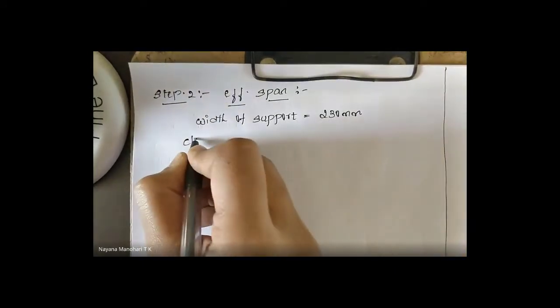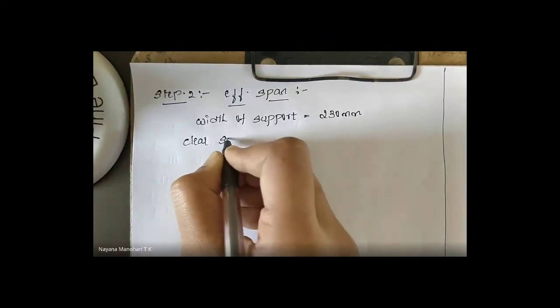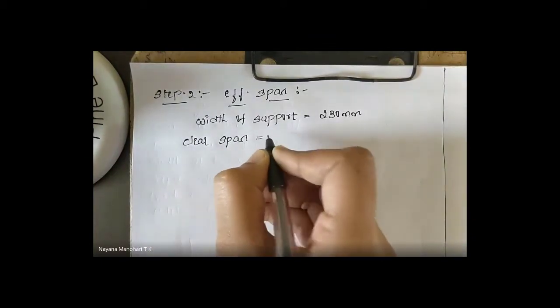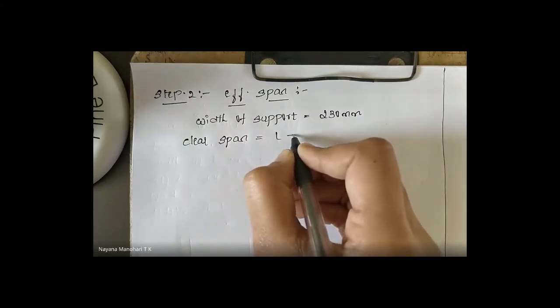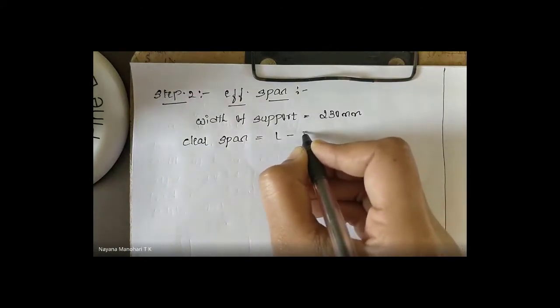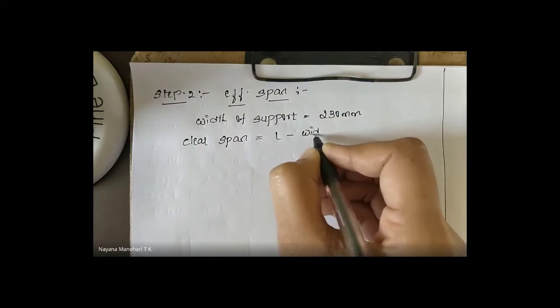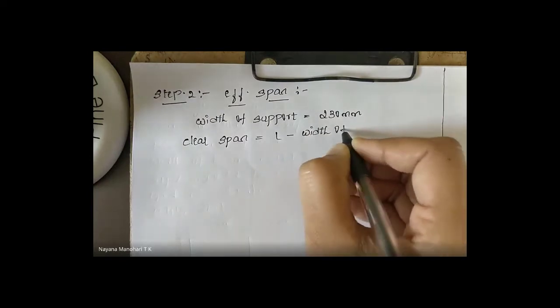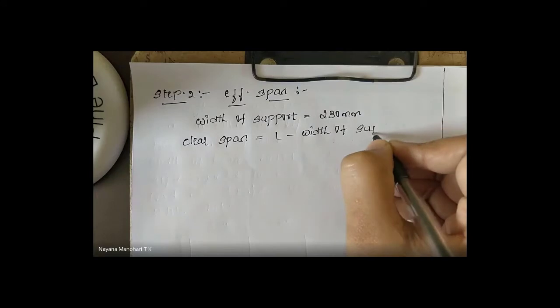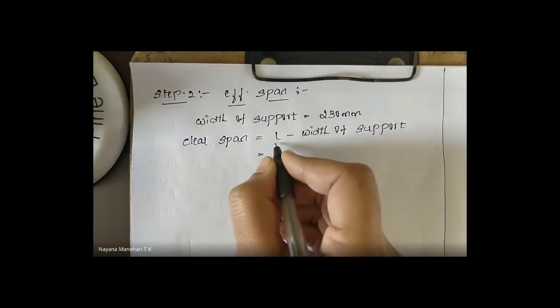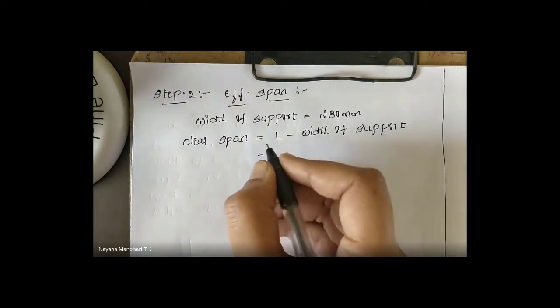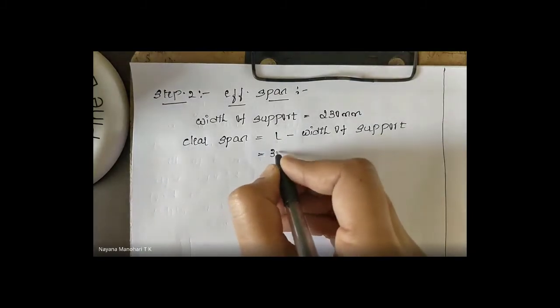You need to calculate the clear span. Clear span, it is given by what? Length minus width of support. L is the length they have given, the span, it is 3.5 meter.